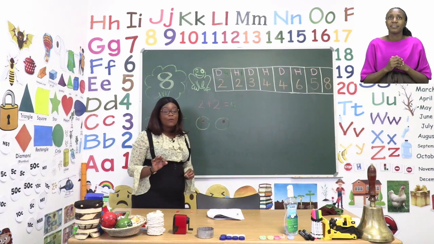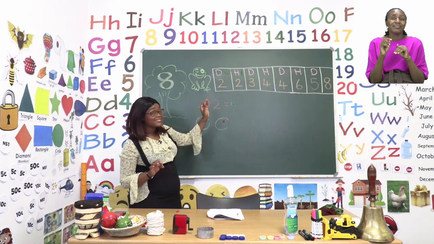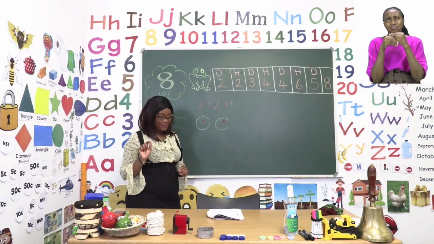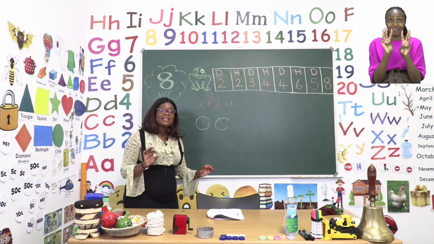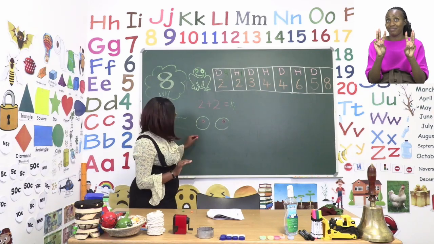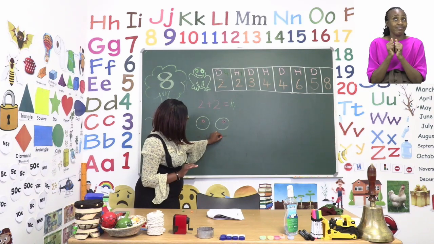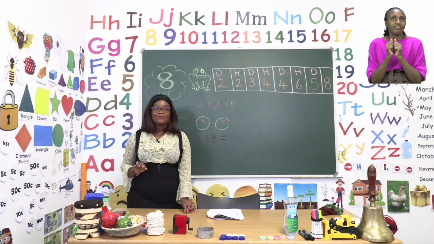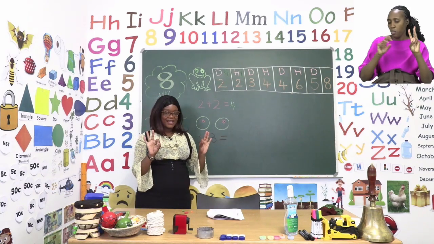The next hop that we're going to be doing is the hop that says we must double 3. So what do we do? We say 3 plus itself. 3 plus 3. Now let's use our fingers. I have 3 on this side and 3 on the other side.